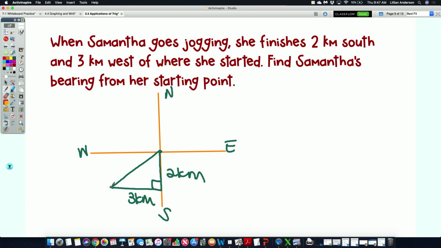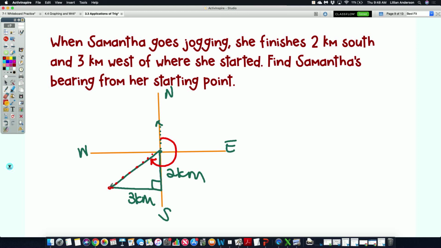Now it is asking us to find Samantha's bearing from her starting point. I talked about bearing the other day. It goes from north and then clockwise. So from the north direction, the bearing would be this right here, because this is the path she actually ran.